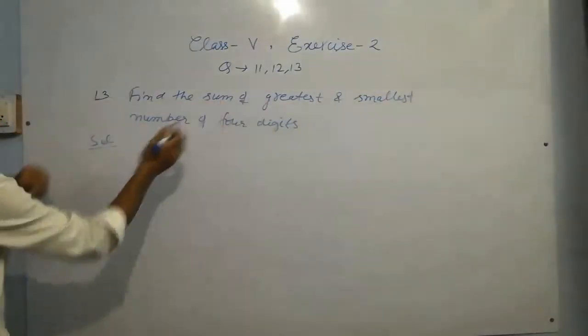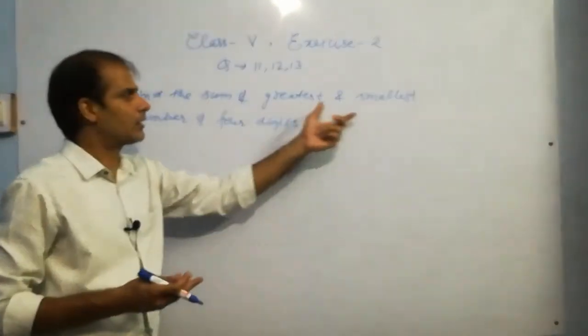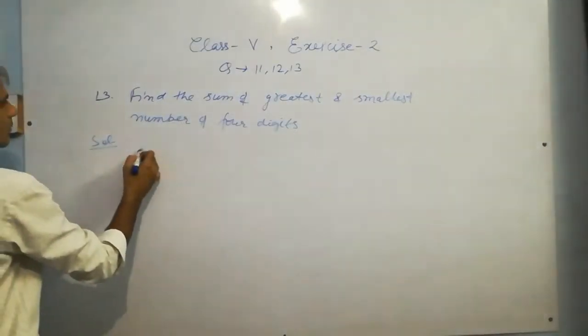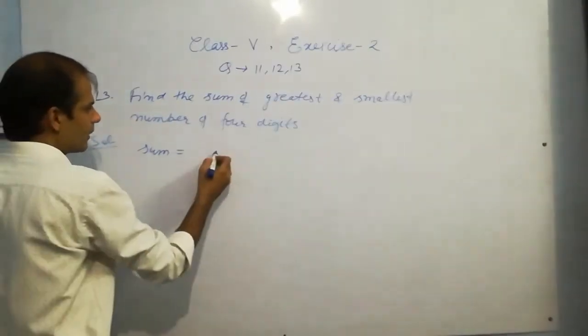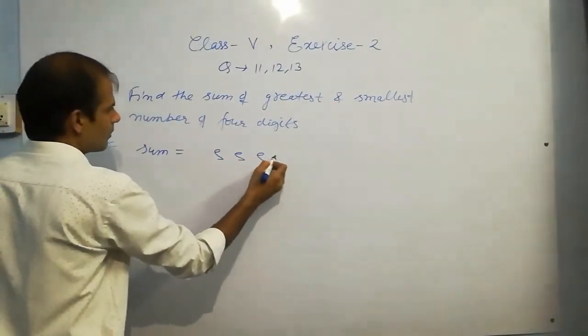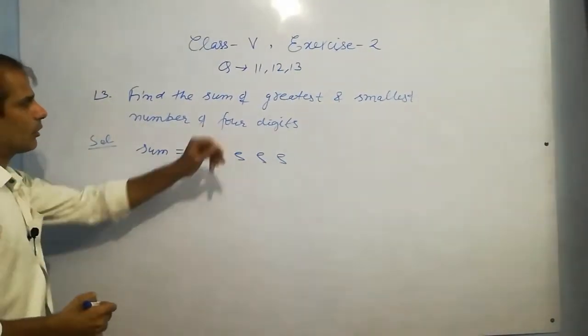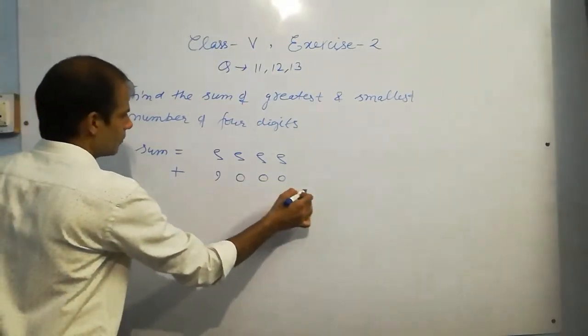Obviously the greatest number will be greatest and the smallest will be smaller. So the sum is, the greatest 4 digit number is 9999. We will put plus sign, and the smallest 4 digit number is 1000.